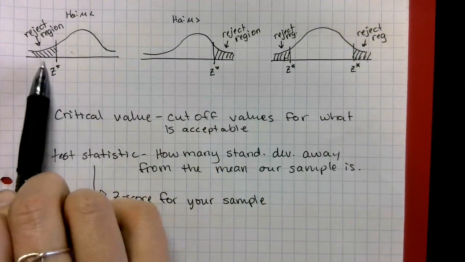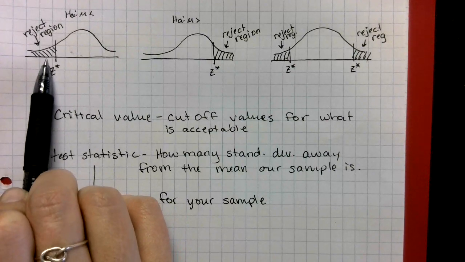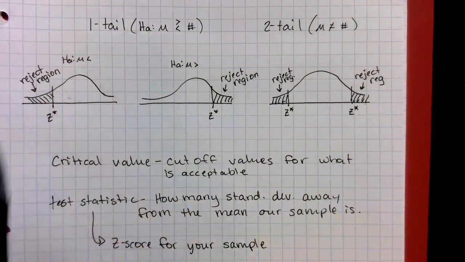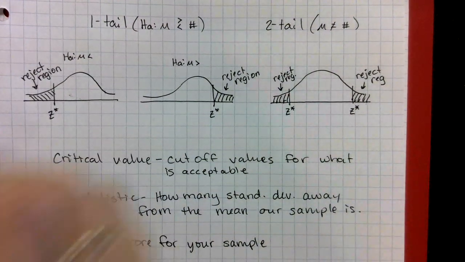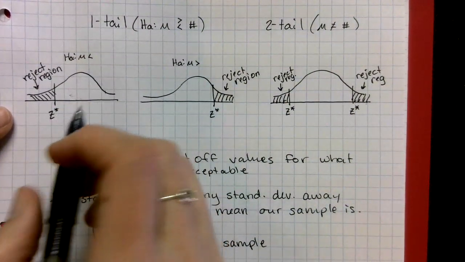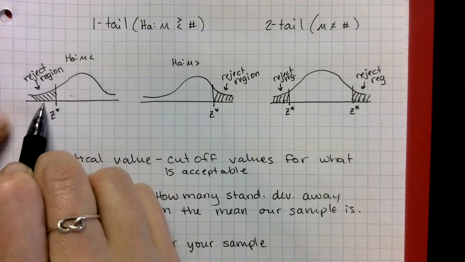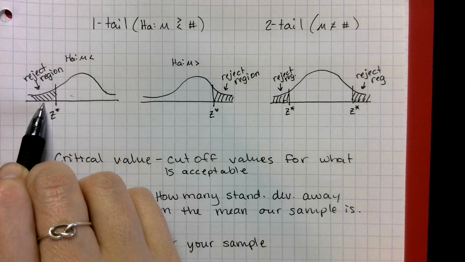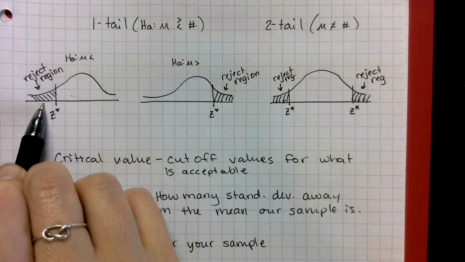If your test statistic falls out here, then we reject the null hypothesis. Let me reiterate: let's say we get a test statistic that's way out here. Your test statistic is a z-score, so let's say my z-score was like 3. That's what we know is unusual.